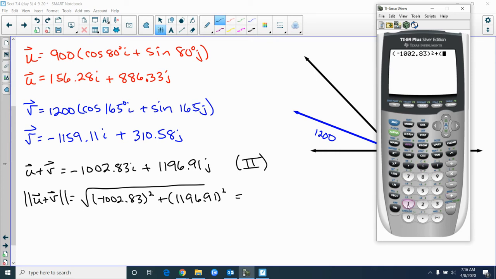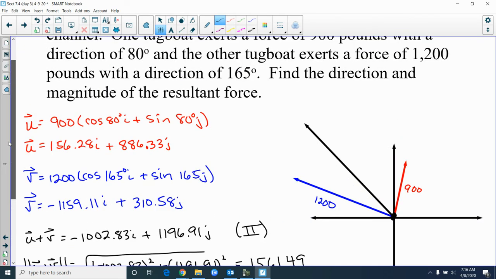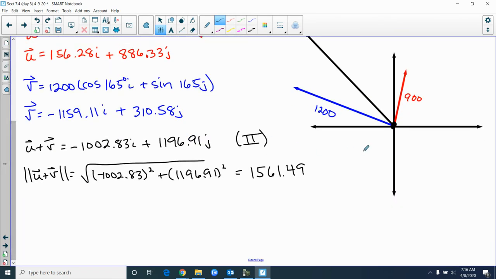Plus 1196.91. Okay, and now I'm going to do second square root, second answer, 1561.491. So 1561.49. And since the original forces were in pounds, this force will be in pounds.